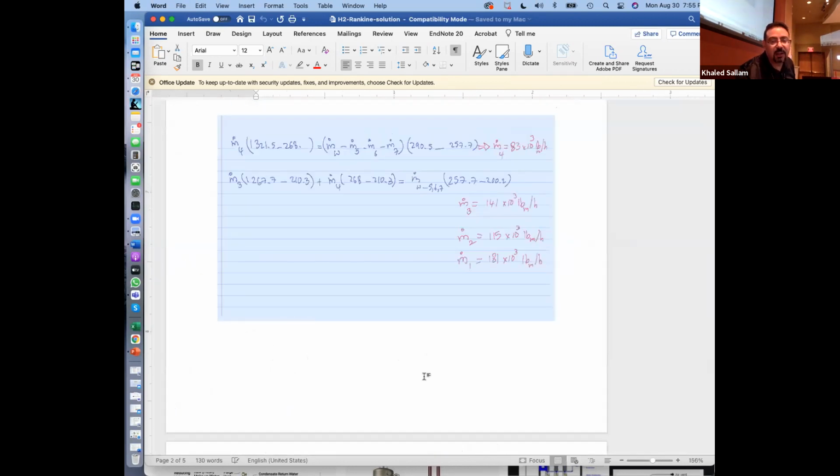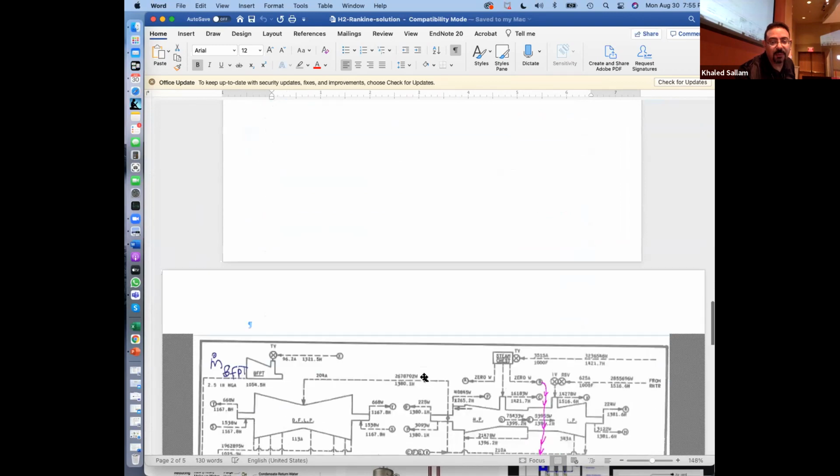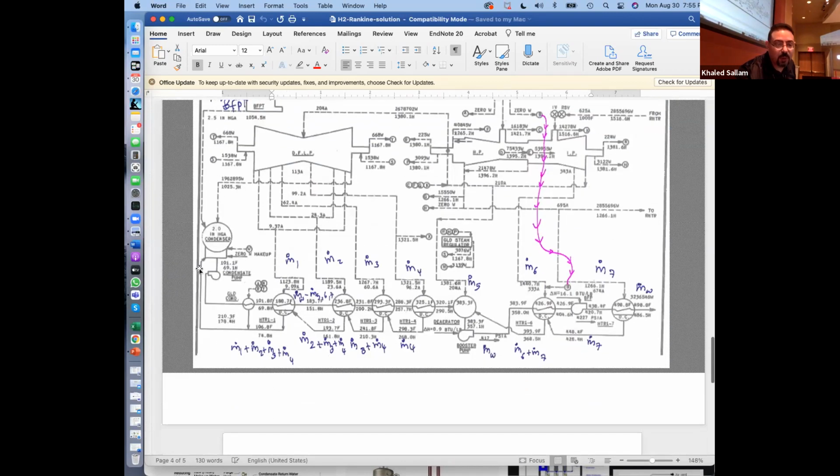So from this point in, it's always m dot water minus m dot 5 minus m dot 6 minus m dot 7. Those 5 and 6 and 7 get added over here, and you become m dot water. And all those m dots are always cascaded backward until the last one gets dumped over here in the condenser.